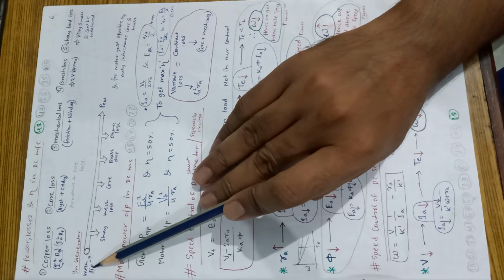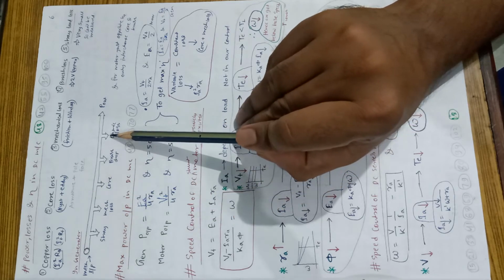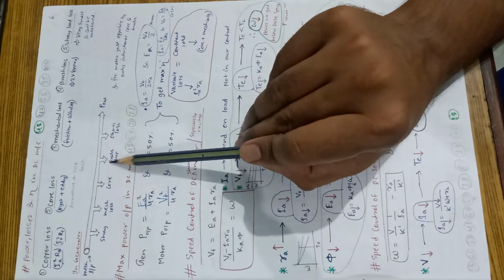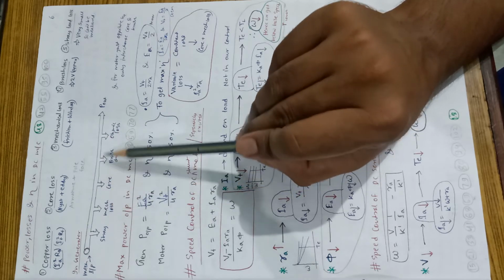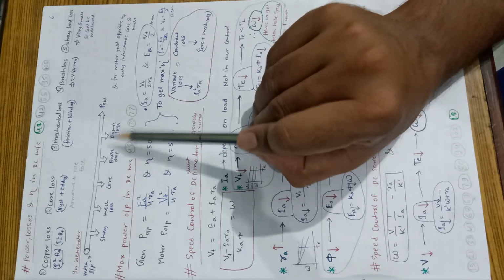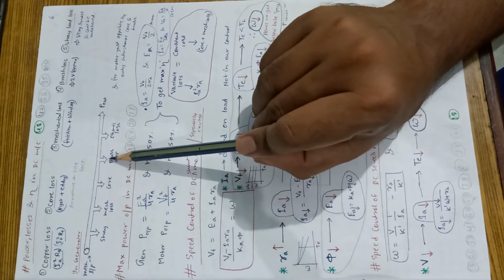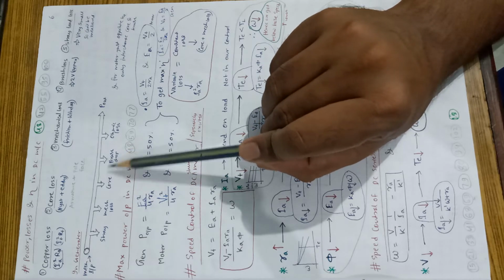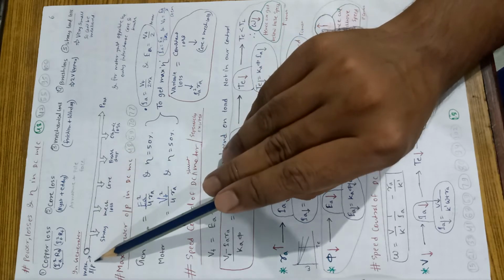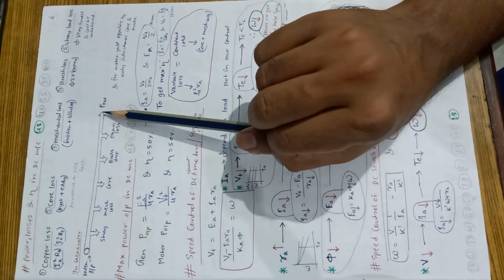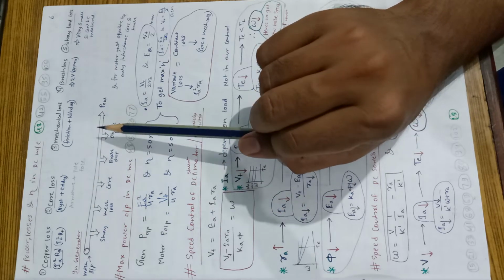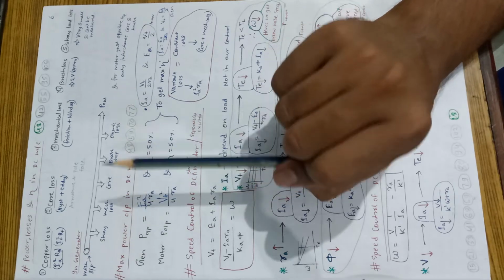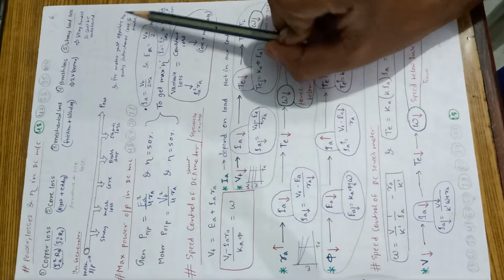We just reverse these losses. Everything is the same except core loss will come here, and the brush drop will come here. Only this difference is there in case of a motor.